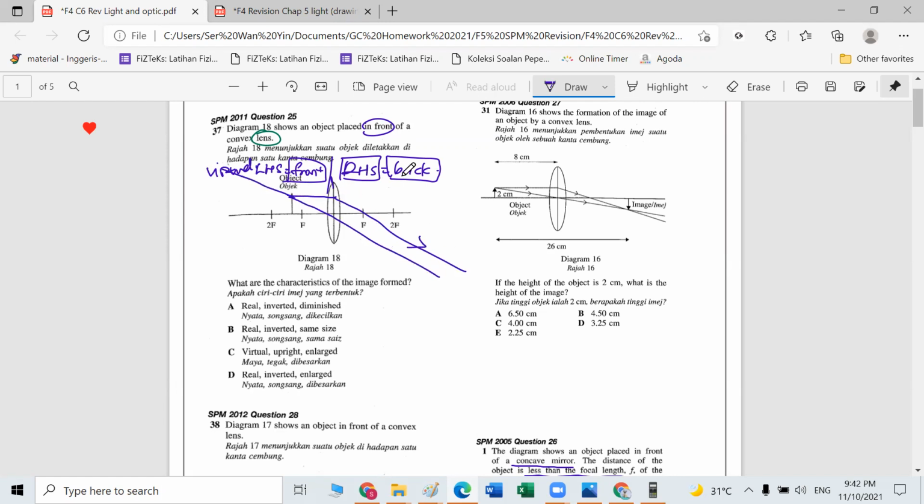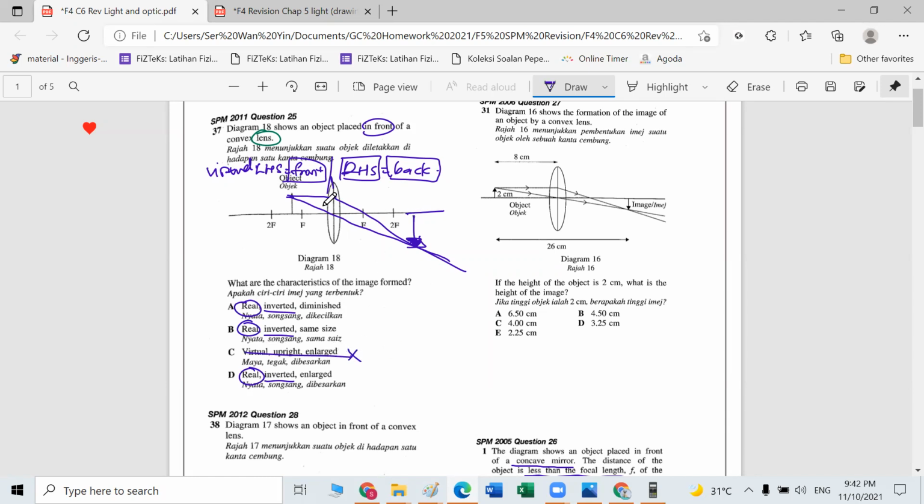So, sorry, I don't have a ruler. C is here. It's around here. So it will be inverted, and when it's inverted, it's real. So C is impossible.